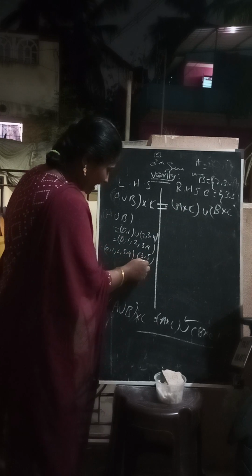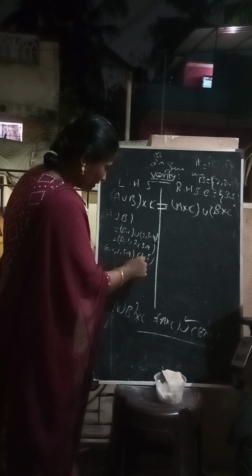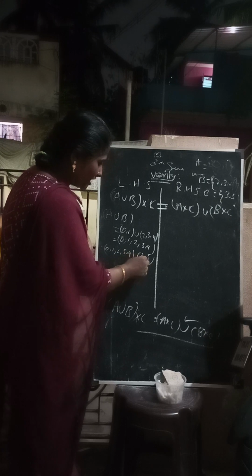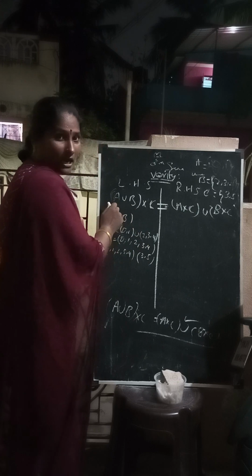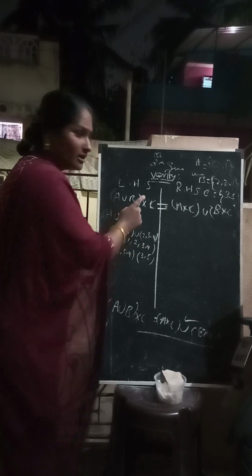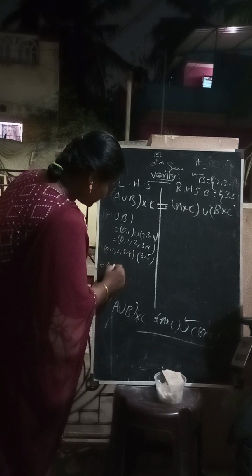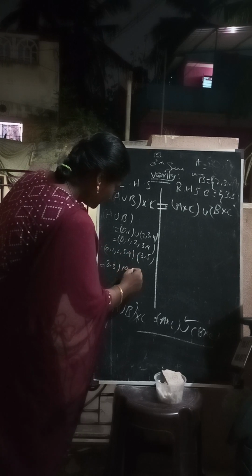We multiplied 0 with 3, 5, 1 with 3, 5, 2 with 3, 5, 3 with 3, 5, and 4 with 3, 5. We are going to get (A union B) cross C. So let us do this part. (0,3), (0,5), then (1,3), (1,5), then (2,3), (2,5), then (3,3), (3,5), then (4,3), (4,5).